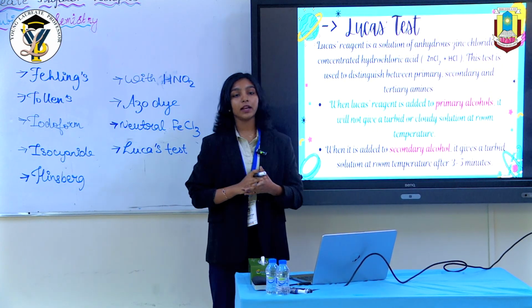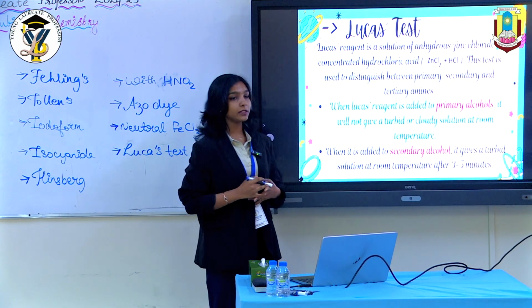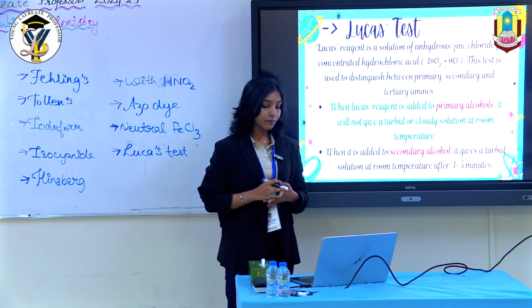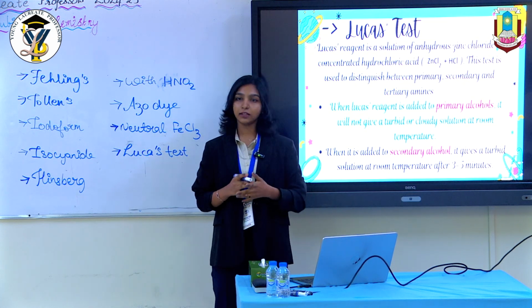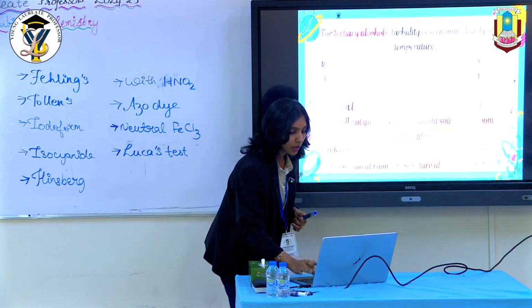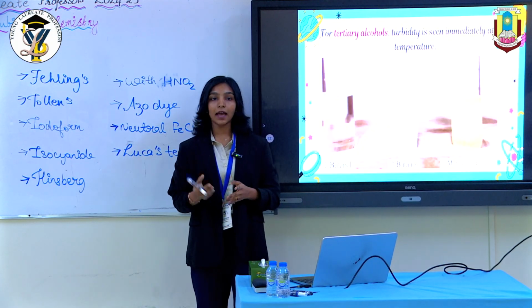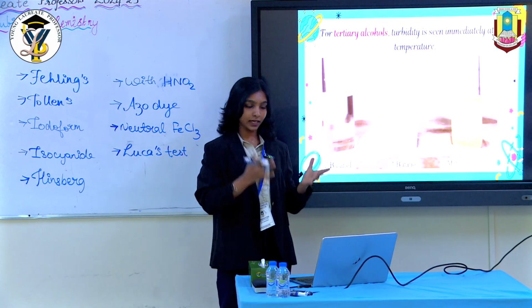But when it is heated for like 30 to 45 minutes, a turbid solution appears. But when a secondary alcohol reacts with Lucas reagent, a turbid solution appears within like 3 to 5 minutes. And for tertiary alcohols, turbidity is seen immediately at room temperature as soon as the reagent is added.